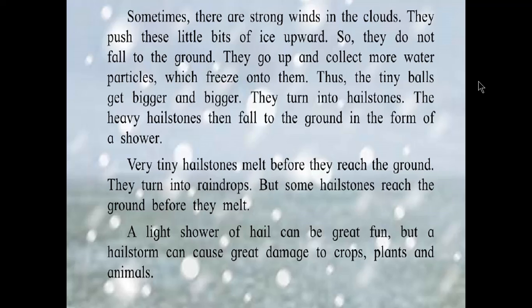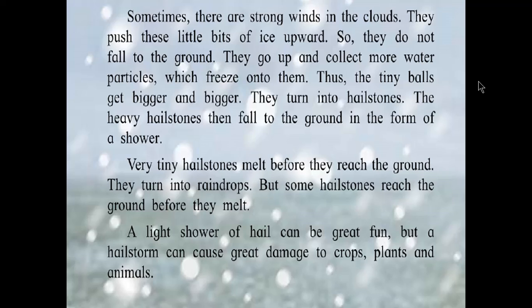The heavy hailstones then fall to the ground in the form of a shower. Very tiny hailstones melt before they reach the ground. They turn into raindrops. But some hailstones reach the ground before they melt. A light shower of hail can be great fun, but a hailstorm can cause great damage to crops, plants, and animals.